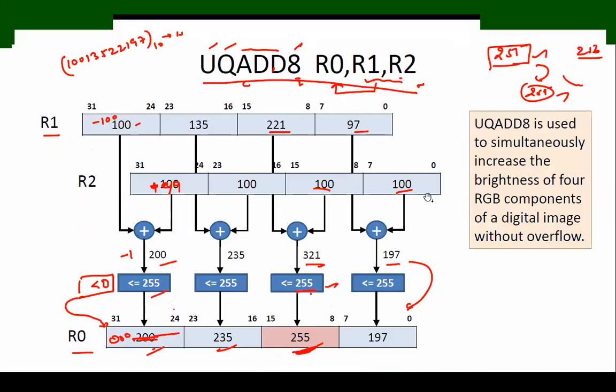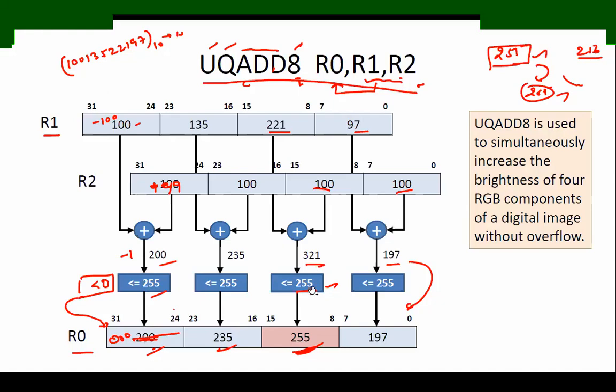So this is the example. R1 has some values, R2 has some values, both are being added, and then it is going to check, and that value is going to be set. So 100 and 135, it's 235, it's less than or equal to the limit, fine. So 235 is sent. Now in this case, it is 221 and 100, so it is actually greater than 255.